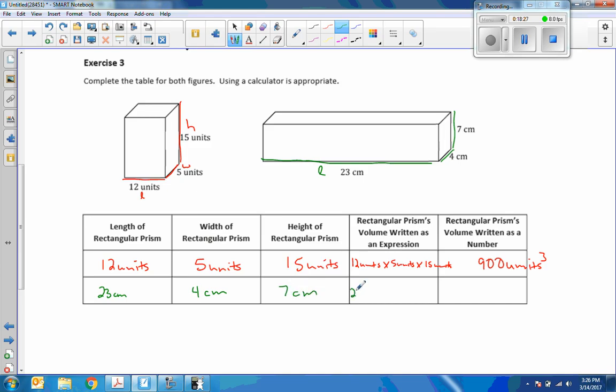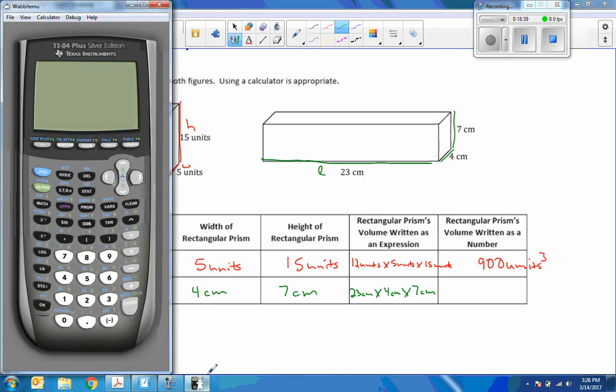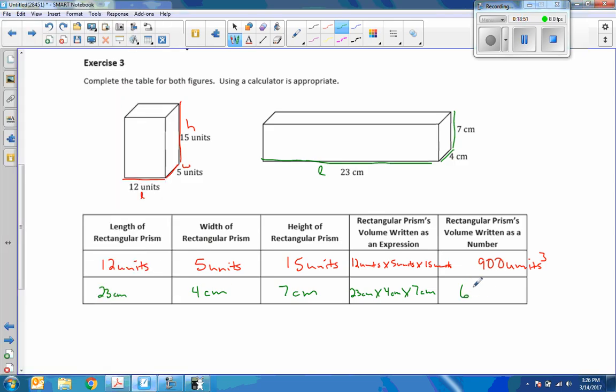So I'm going to write 23 centimeters times 4 centimeters times 7 centimeters. 23 times 4 times 7, 644 centimeters cubed, or cubic centimeters. Okay.